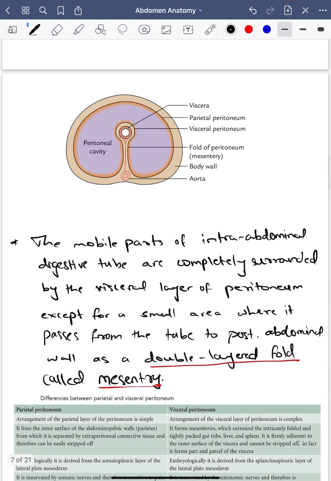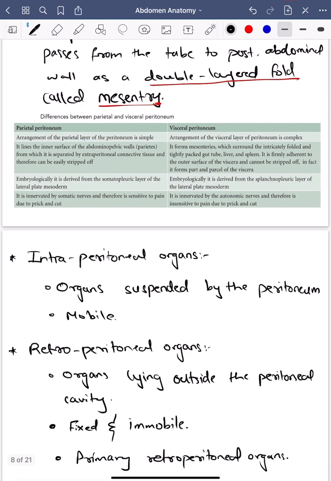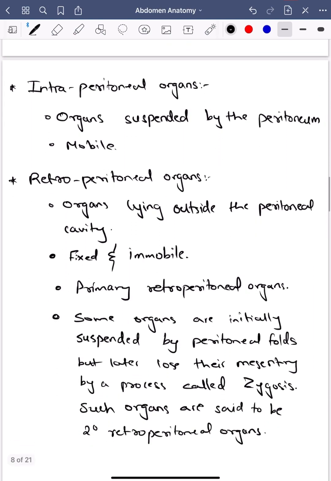So an intraperitoneal organ is basically an organ suspended by the peritoneum, and because it is suspended, it is mobile. Now retroperitoneal organs are organs lying outside the peritoneal cavity. Because they are lying outside the peritoneal cavity, they are fixed and immobile. Okay.